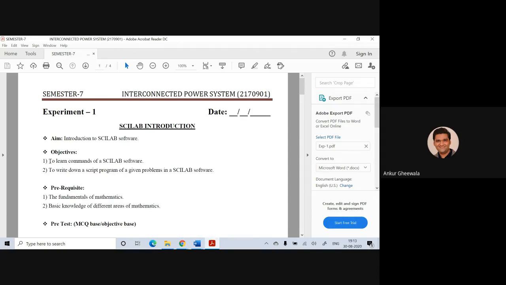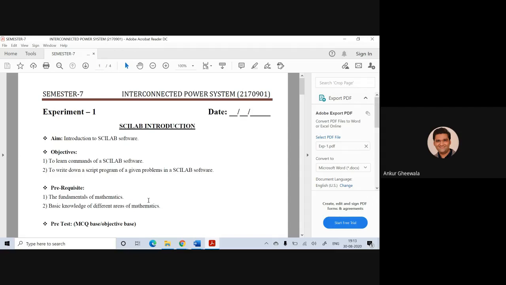So what are the objectives? To learn commands of Scilab software, and to write a script program for given problems in Scilab software. So in practical 1, we will see the fundamentals of mathematics like addition, subtraction, division and multiplication, how they can be done.